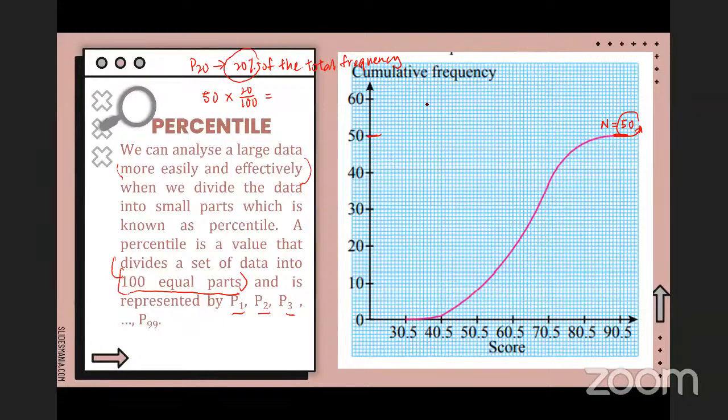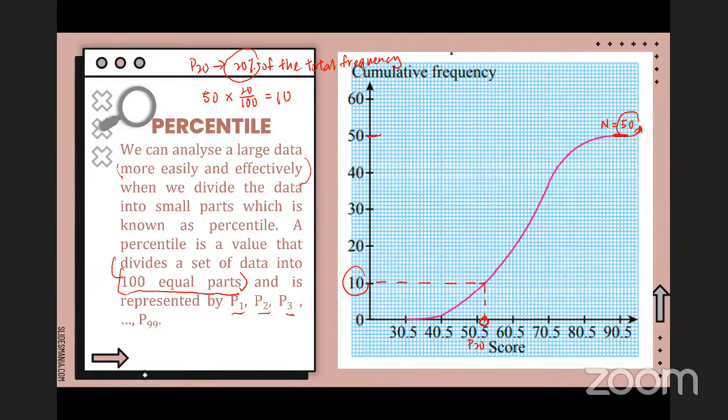It is 10, right? So you just find the 10 on your y-axis, which will be here. This is the 10, and you bring it to the curve over here, touch it and go down. So it intersects at this point, and this will be your P20. You just need to find the value here.